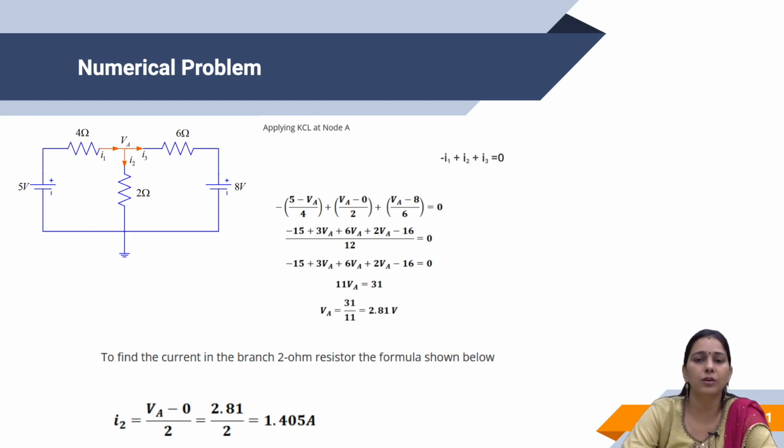The voltage at node A is known to us now, that is 2.81 volts. 2.81 divided by 2 comes out to be 1.405 amperes. That is the value of current across the resistance R2. So, in this manner, we have used Kirchhoff's current law to identify the current across one of the resistances in this problem.